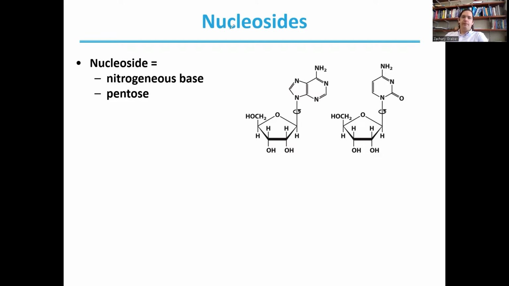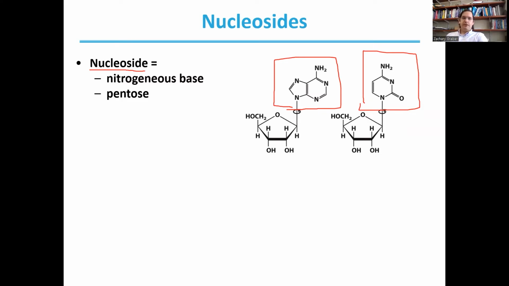So in order to form the base monomer of our nucleic acids, which we call a nucleoside, we're going to take our pentose sugar and attach a nitrogenous base on to the first carbon of our sugar. So you can see the exact identity of the base will vary, but it's always linked onto our sugar molecule to create our nucleoside.